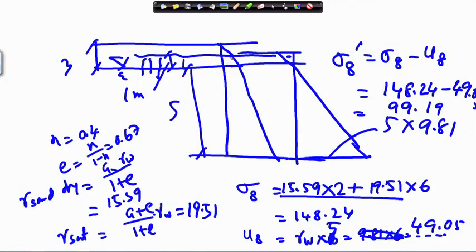So, at this depth, if I want to find out effective stress there will be an increase here, because sigma at this point minus u, where u is negative. So, that is to be remembered, that though the soil above the water table is getting saturated by capillary rise, the water table is not changing.